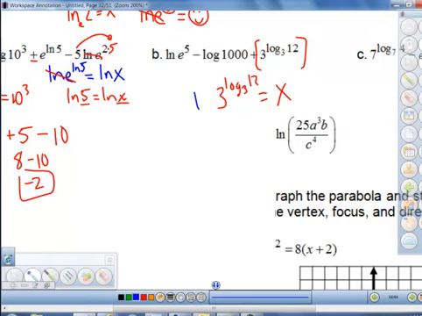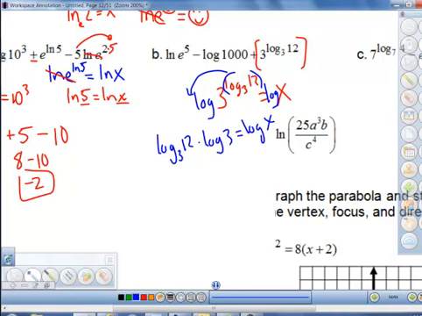Okay, so that means we need to take the log of both sides. If you take the log of both sides, then you can take what's in the exponent and put it over here. So you have 12 times log 3 equals log x.